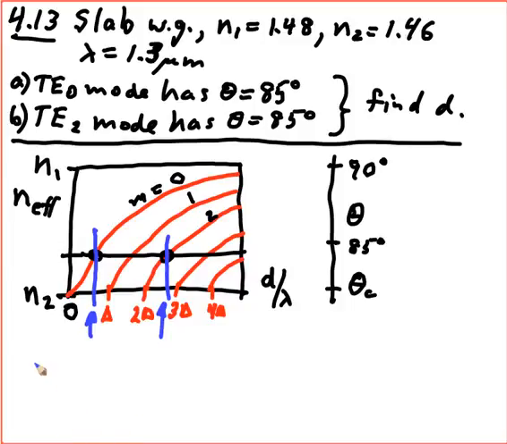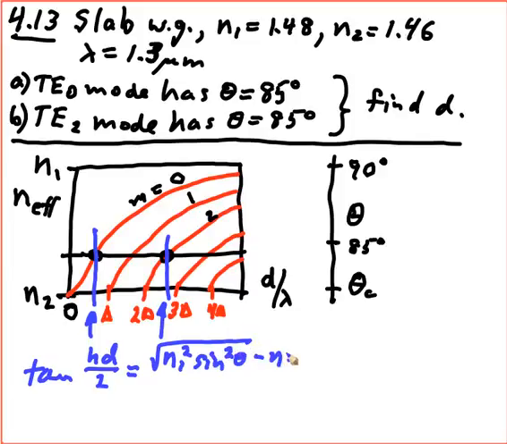It comes from equation 4.11, which is the tangent of h d over 2 equals the square root of n1 squared sine squared theta minus n2 squared, all of that divided by n1 cosine theta.